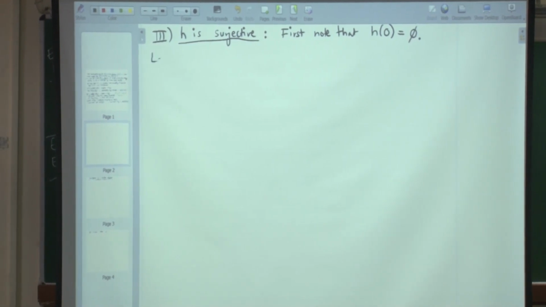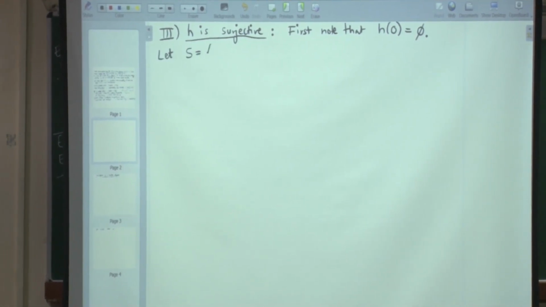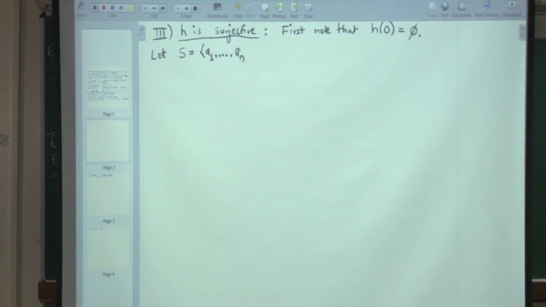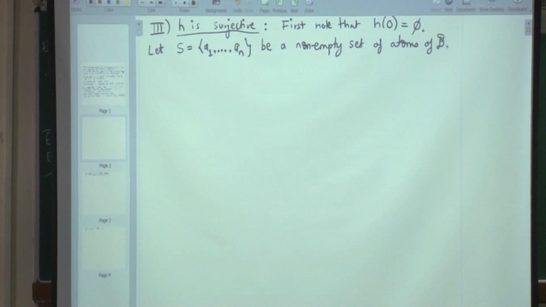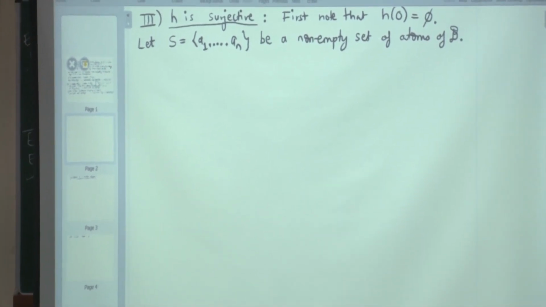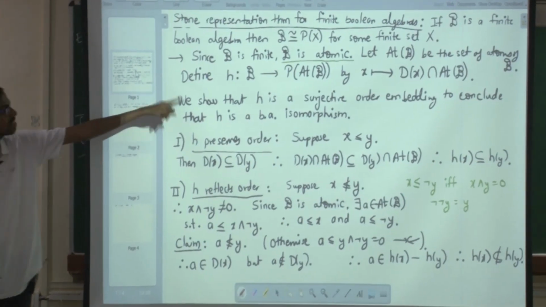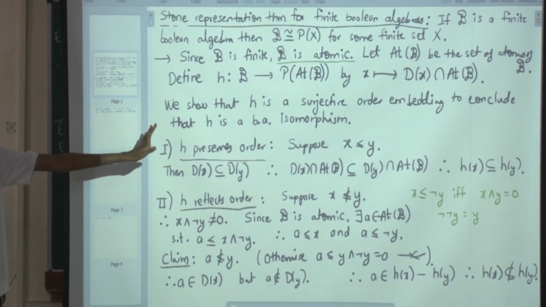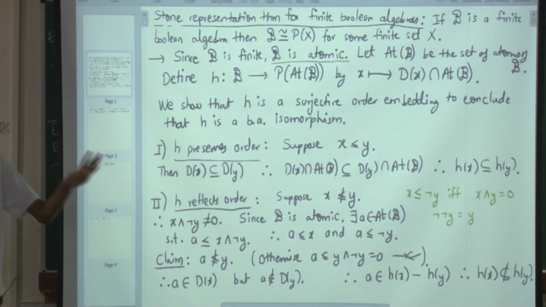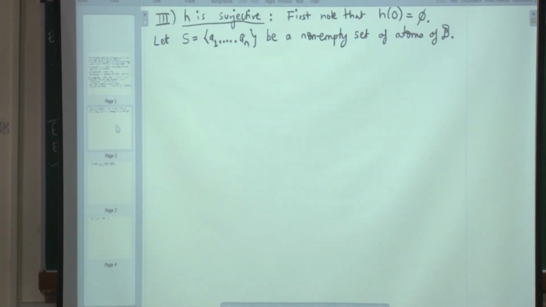So let S equal A1, A2, ..., An be a non-empty set of atoms of B. Let me quickly remind you that our target is the power set of the set of atoms of B. So I should choose a subset, but I already argued that for the empty set the map is surjective. For a non-empty subset of the set of atoms, we need to show this.